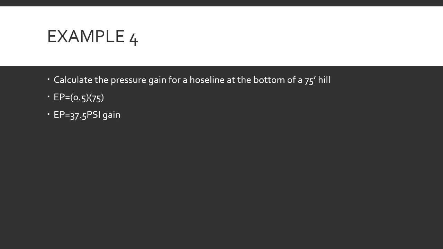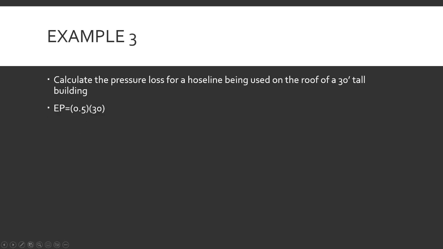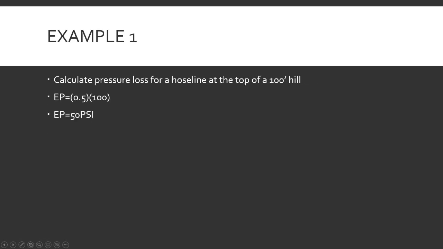You'd really have the pump set to 62 psi. Because you'd gain that 37, 38 just by going downhill. Whereas with our 100-foot tall hill, if you wanted that 100, you'd pump at 150 because you have to add that 50 psi to get the water up the hill.